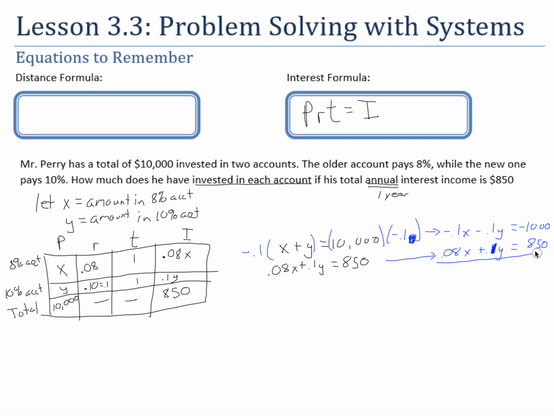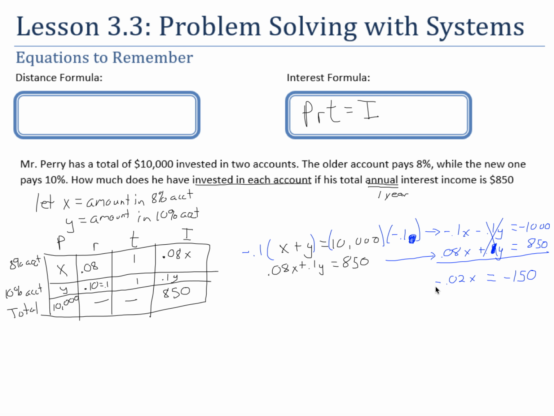Now if you need a calculator here, that's fine. We can actually think through this. Negative 0.1 plus 0.08 is going to be negative 0.02. These are opposites, so they eliminate. That's what we wanted. Equals negative 1,000 and positive 850 will give me negative 150.